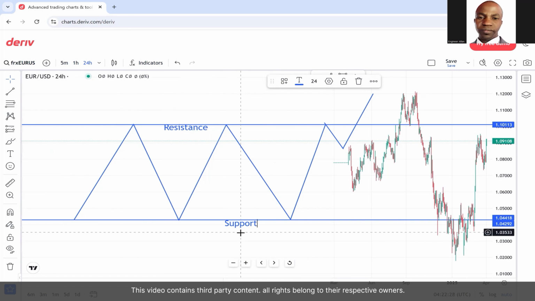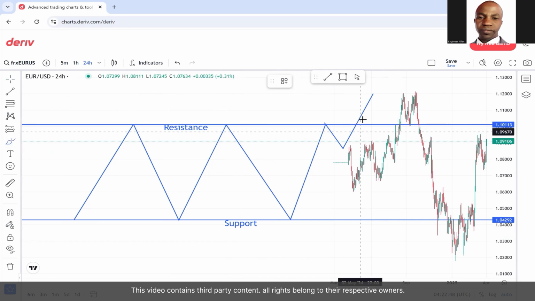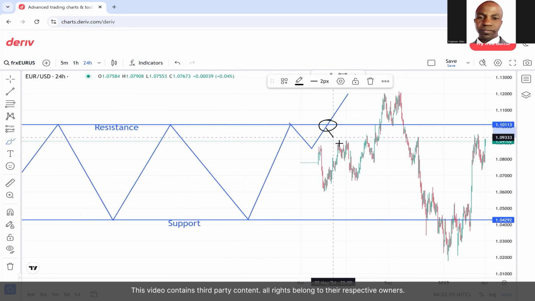So when you see a market moving within a particular area like this, we call this a ranging market, which is also part of consolidation. It's a particular pattern, as you can see. Then the market comes to this area here, and we call this a breakout.